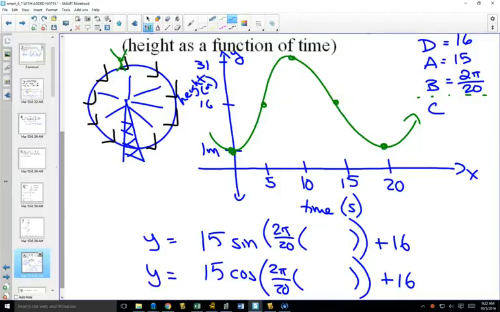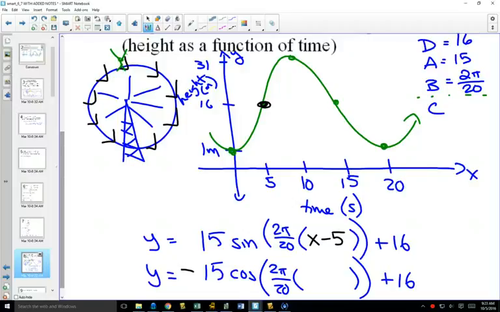Where does sine start? Middle going up. That's that point right there. So we would have a shift of 5 to the right. Do you want to do a cos graph or a negative cos graph? Negative cos graph.